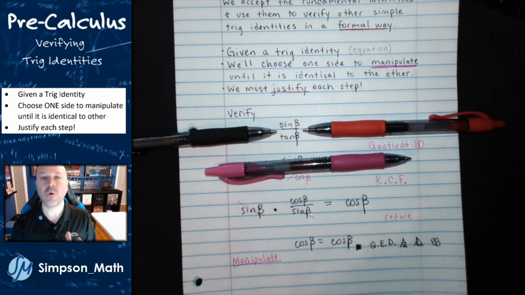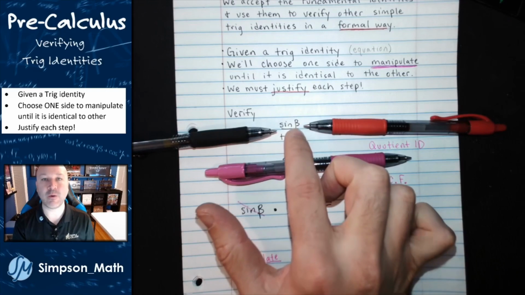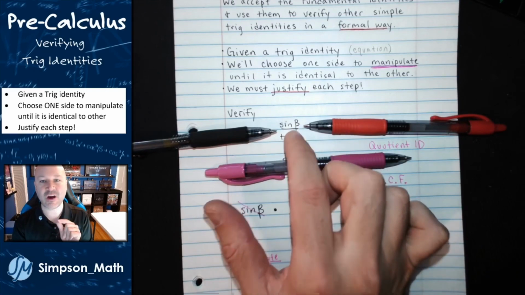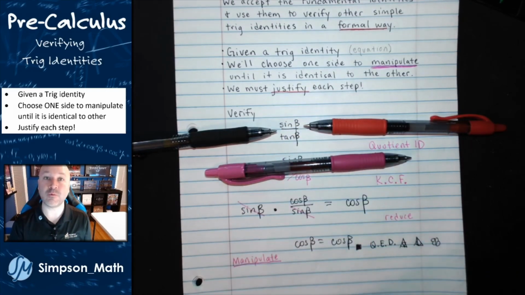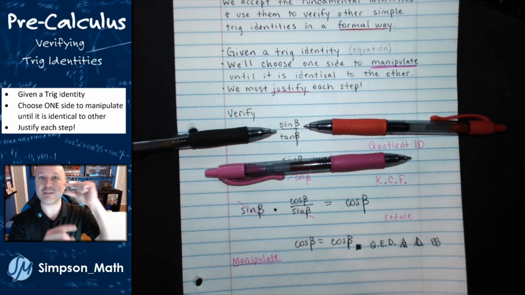That's not allowed. What is allowed though is multiplying by 1. I can take this fraction and multiply by 1 because it doesn't change the value of it. We do that a lot when we're multiplying or when we're trying to get a common denominator. We multiply top and bottom by that factor we need to make that common denominator.